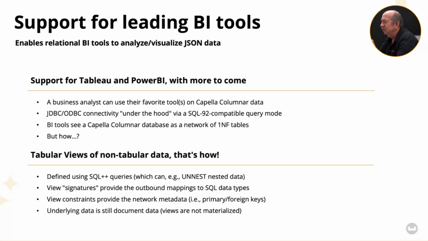The signatures of the views, essentially the definitions of those views, explain how the BI tools will see the data as SQL data, and then constraints on the views, and I'll show you an example of that, hook things together so that they can use their drag and drop join builders in those tools. The underlying data, however, is still your JSON document data.